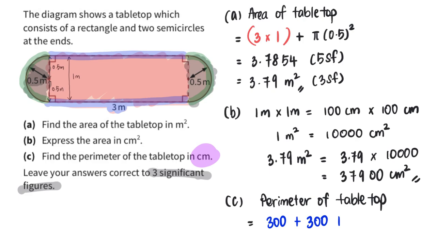And of course, my circle. Circumference of a circle is 2 pi r. R is 0.5 meter, which is 50 cm.